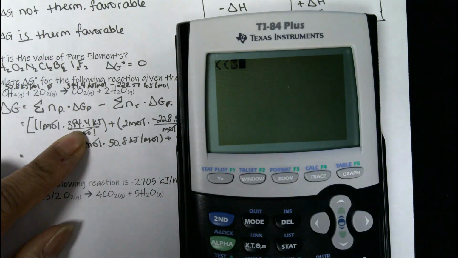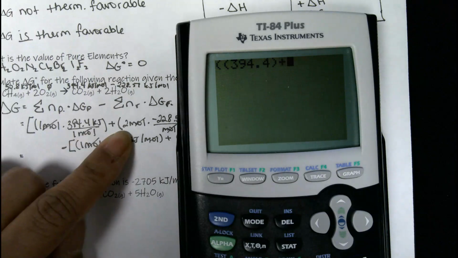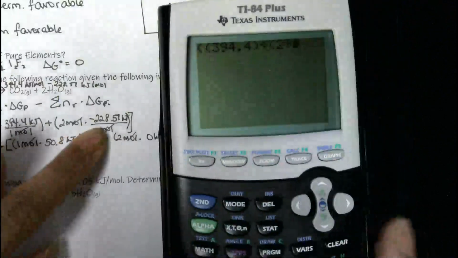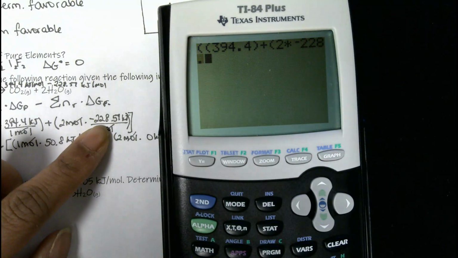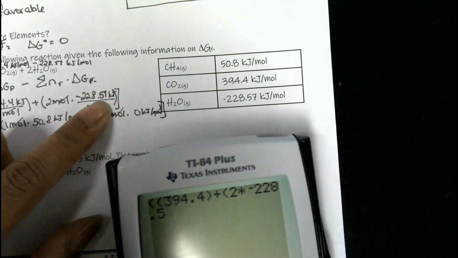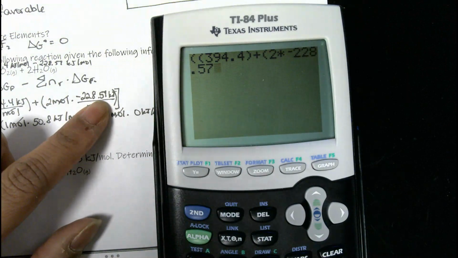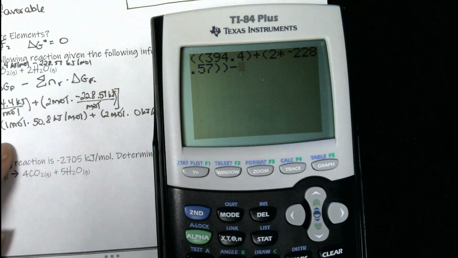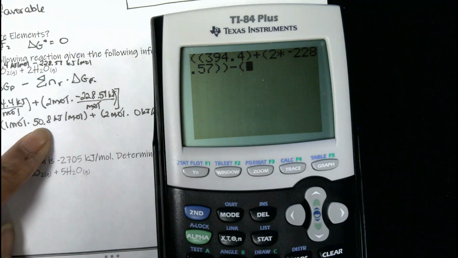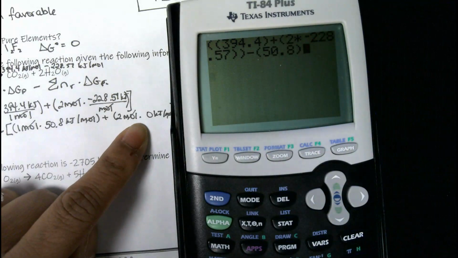I know I have 394.4 plus 2 times negative 228.557. Couldn't read my own handwriting. And then I close out that parentheses minus 1 times 50.8. And then I don't need to worry about this stuff over here because that's going to be 0.